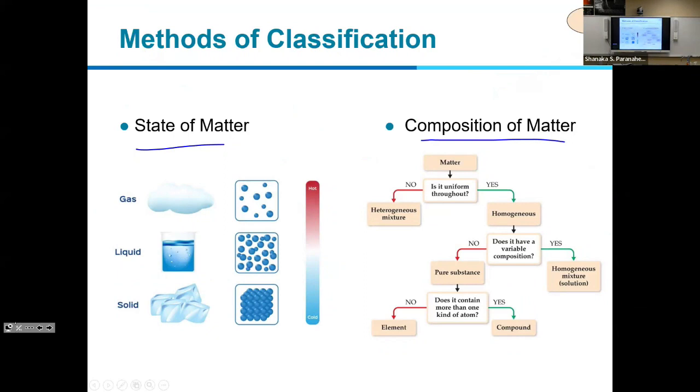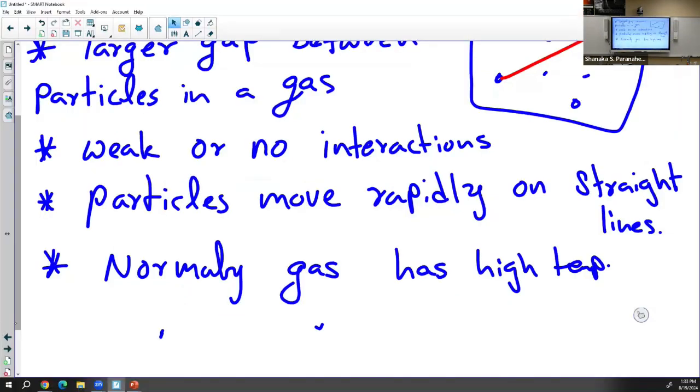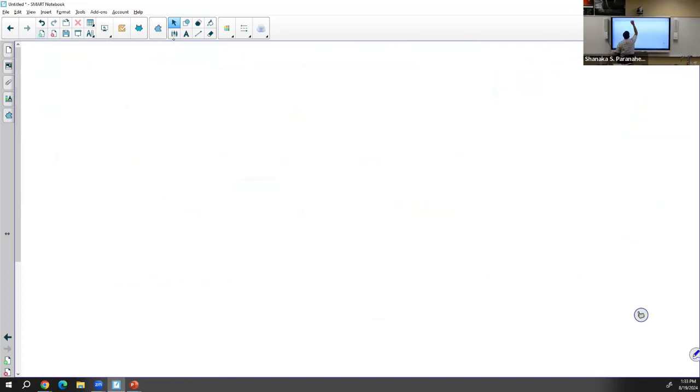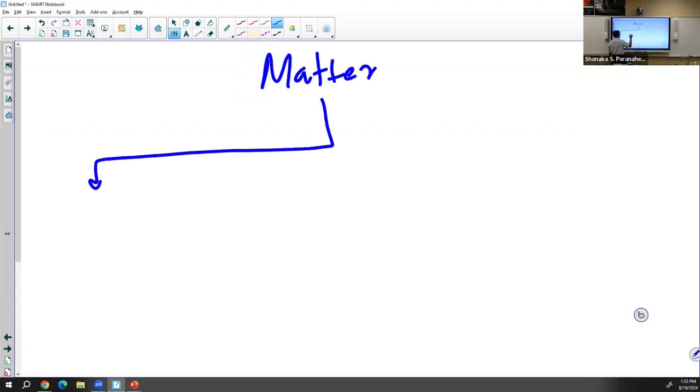Now we are going to classify matter based on the composition. It's based on the type of the substances in a matter. That's the second classification, based on the composition. There are two different types of matter based on the composition.